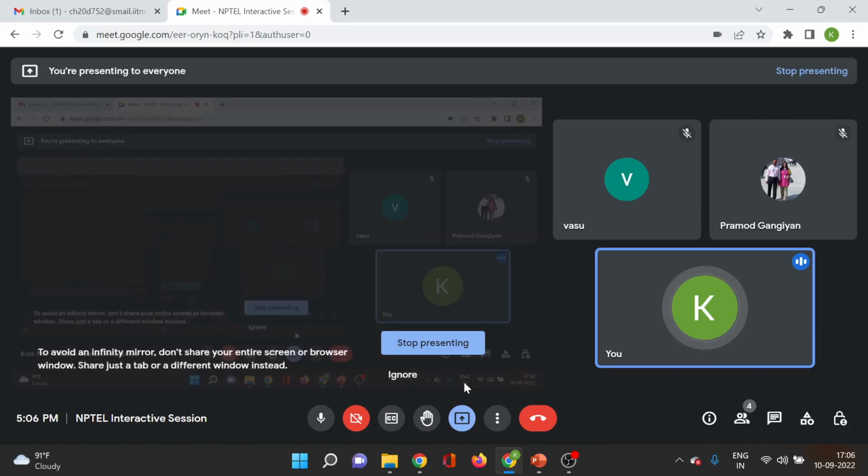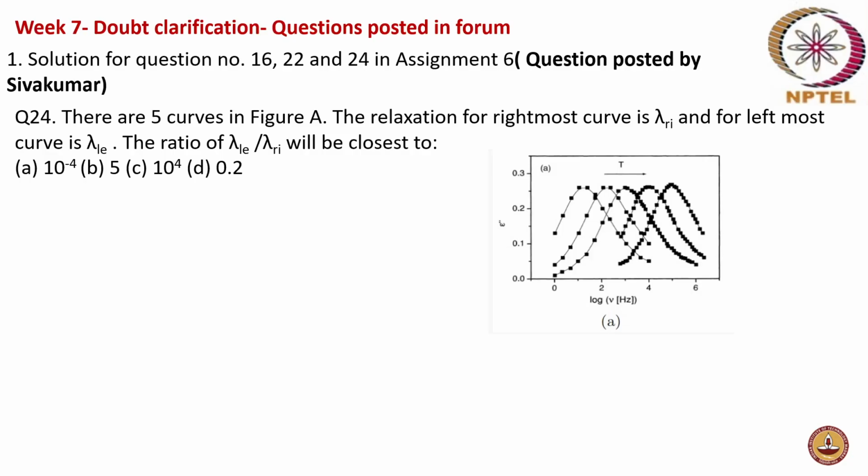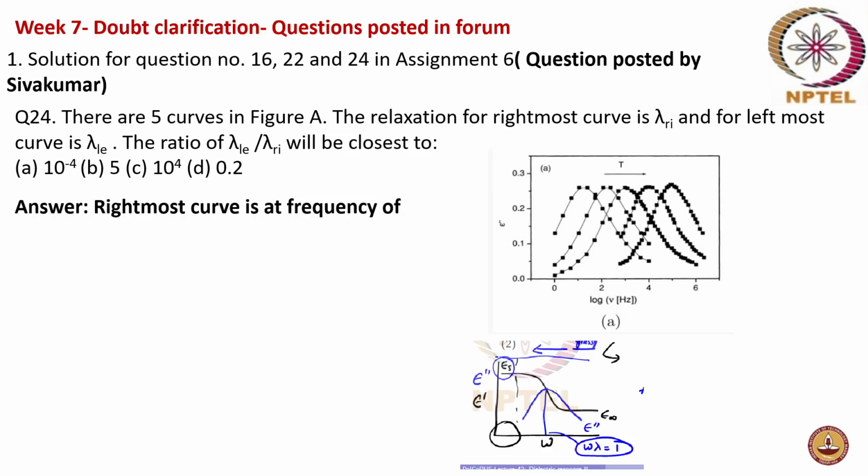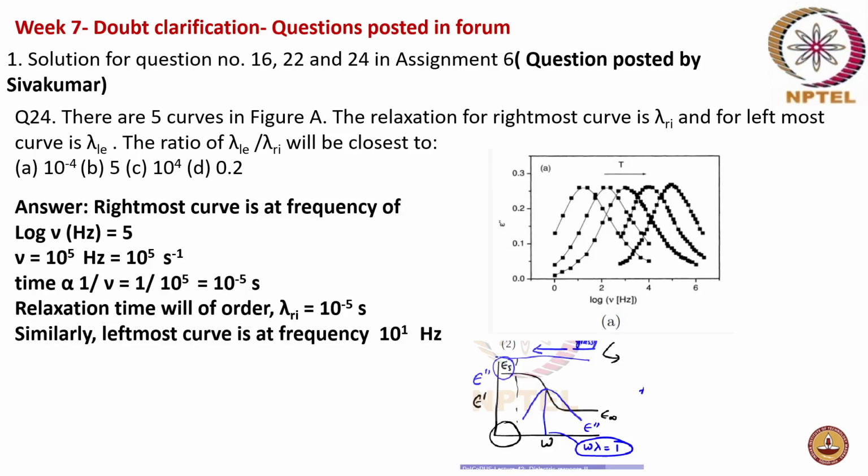Just look into the question, it is lambda of left to lambda of right. It is option C, 10 power minus 1 by 10 power minus 5.